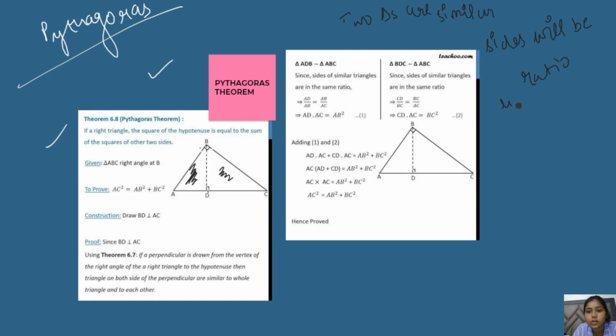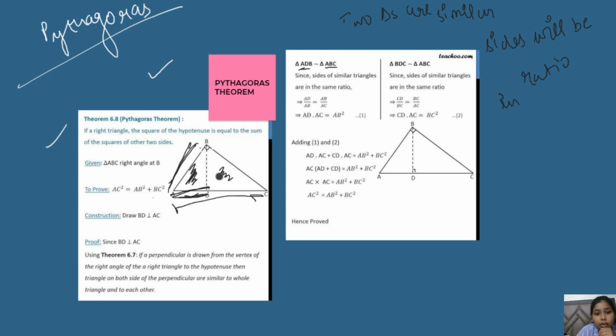Am I right? So if these triangles are similar, then AD divided by AB will be equal to AB divided by AC. You just have to be careful with these names: AD, AB, AB and AC. This is how you have to do it.